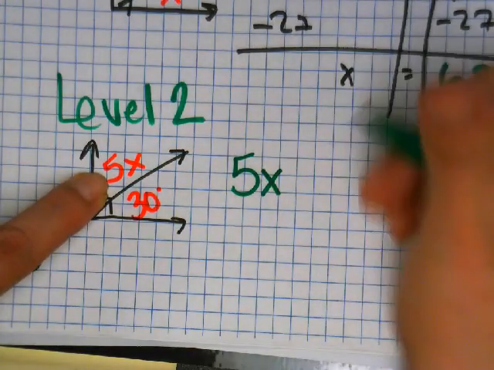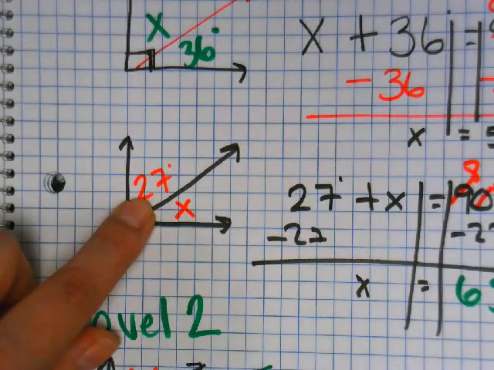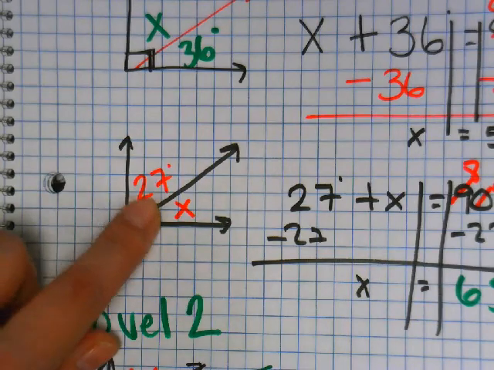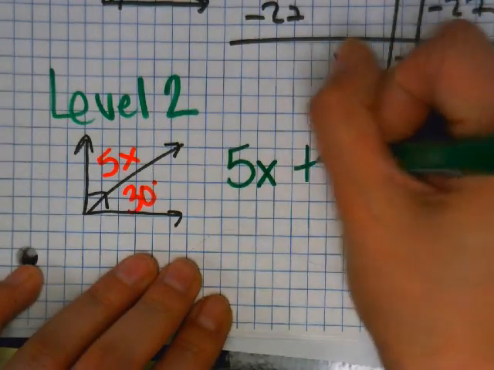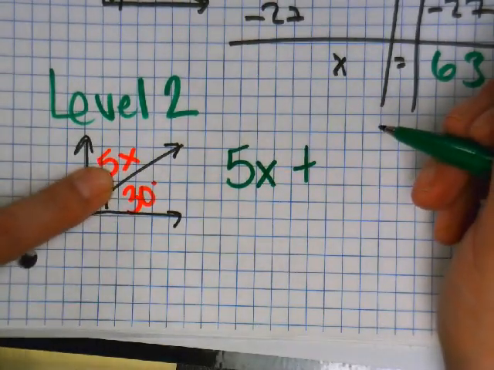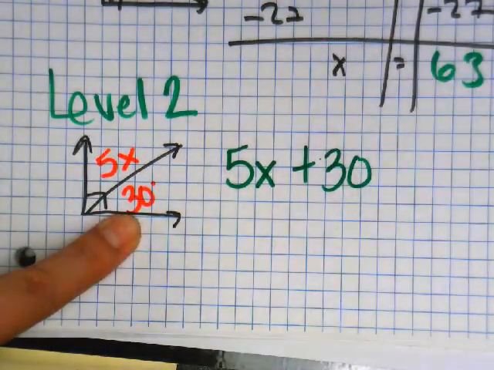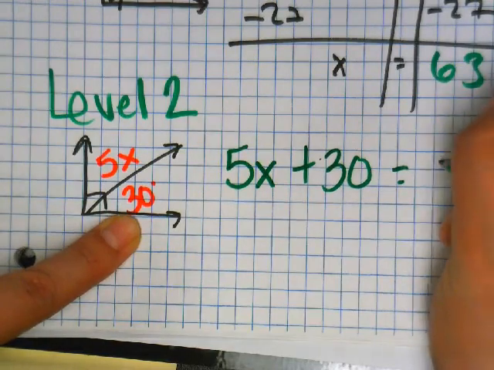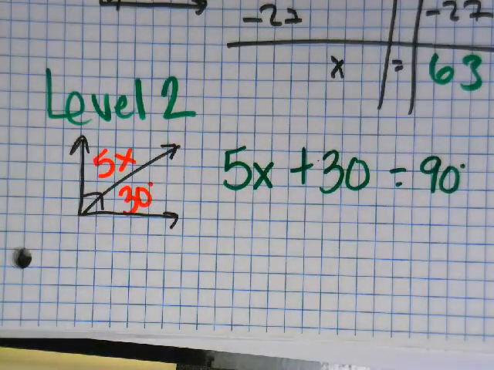So for this one, you would write 5x plus 30 plus 3x equals 90. Why? Because it looks like 90 degrees. They don't equal each other. Together adding them gives you 90.